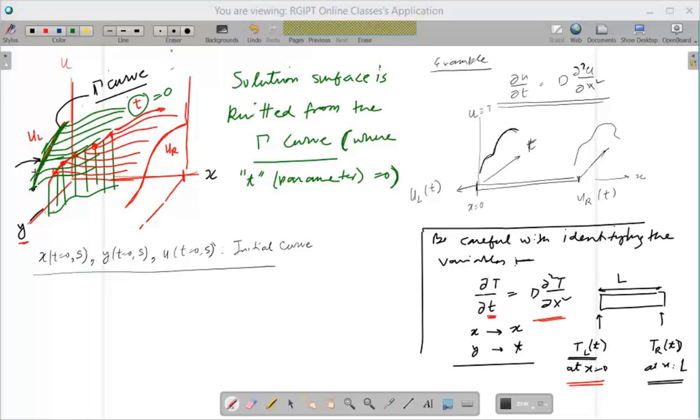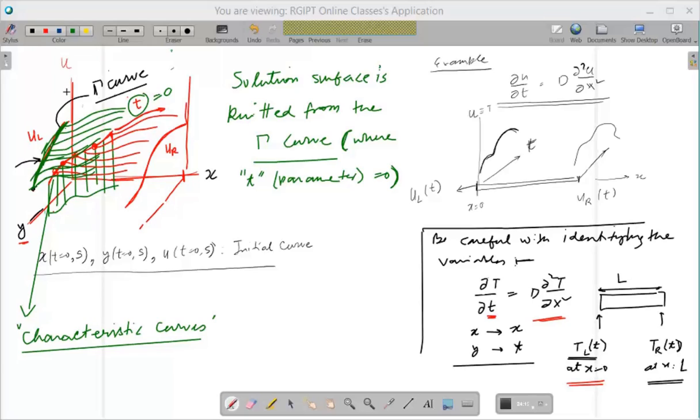For each such choice I can get a curve like this. Let me give it a name. These are called characteristic curves. Call this characteristic curves. So this is my characteristic curve, and the initial curve is called the gamma curve.